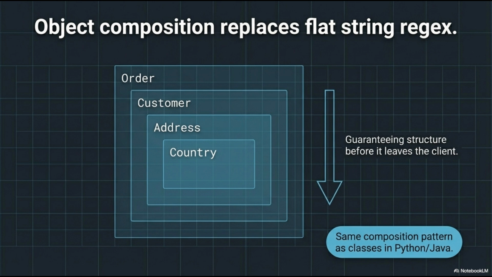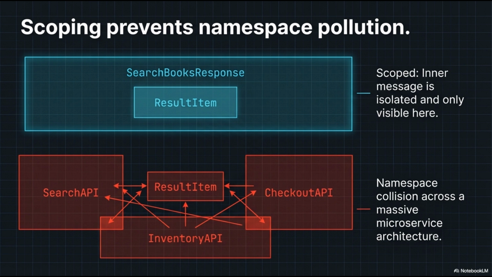Oh, absolutely. Because that is a nightmare when you have 50 different generic types named something like result item or metadata across a massive microservice architecture. So if I have a search books response message, I can define my result item message nested directly inside it. And that nested result item is completely isolated from any other result item defined in other files. It keeps your contracts incredibly clean.